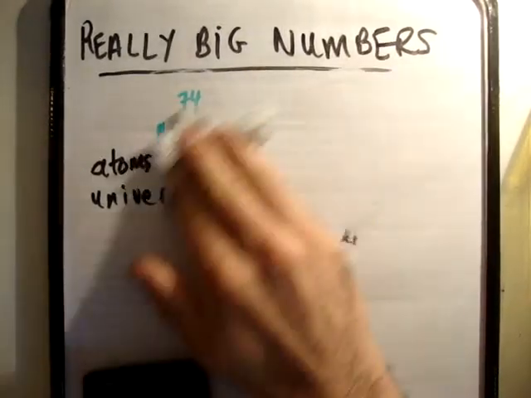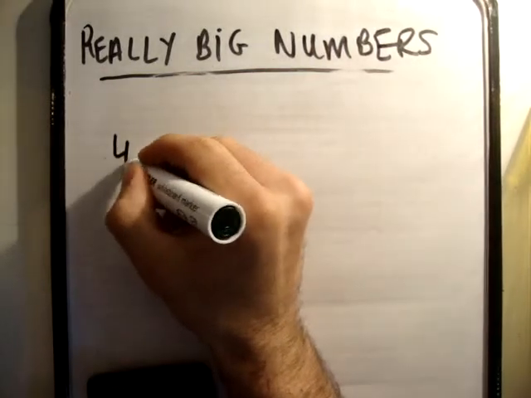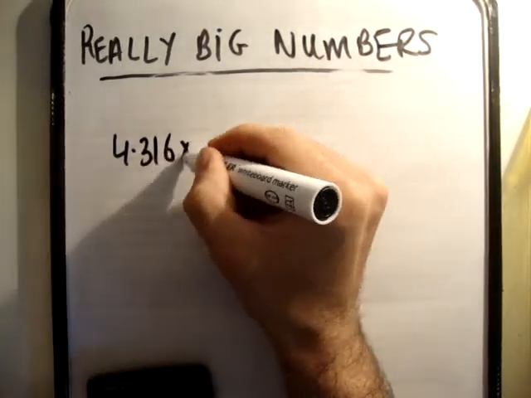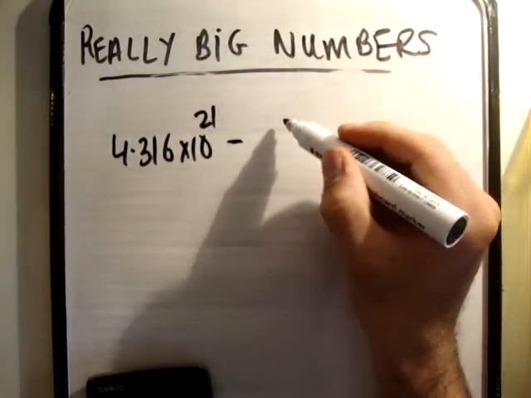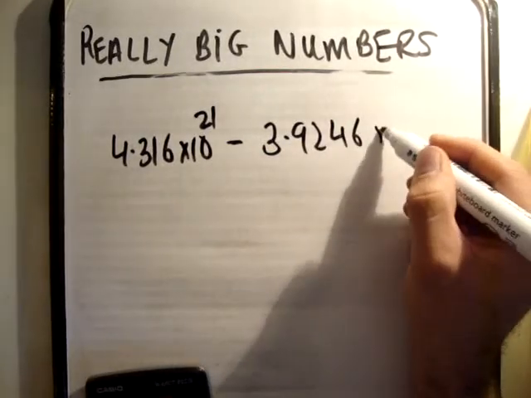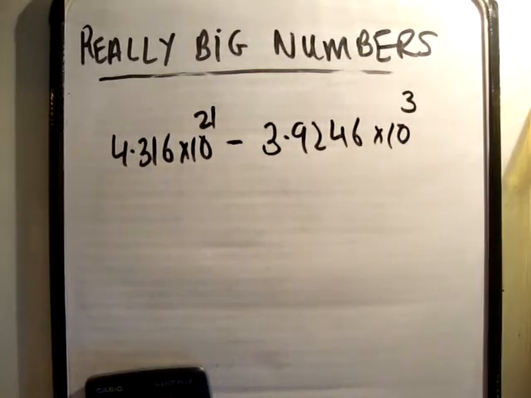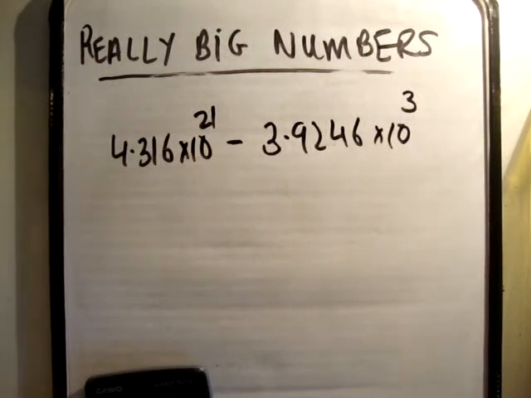And the last thing I'd like to show you is, if you're taking away big numbers, say if I wanted to take away 3.9246 times 10 to the 3 from 4.316 times 10 to the 21. Now first of all, we realize that we are 18 powers of 10 in the difference. 18 powers of 10.